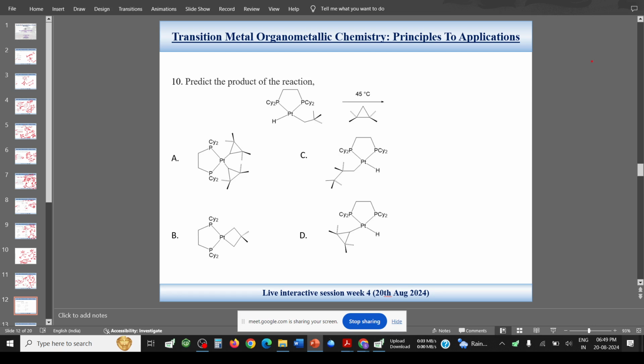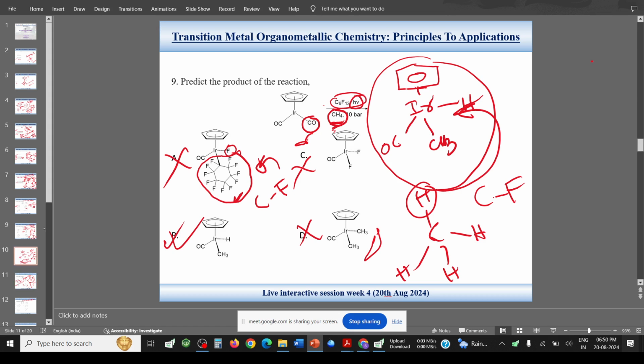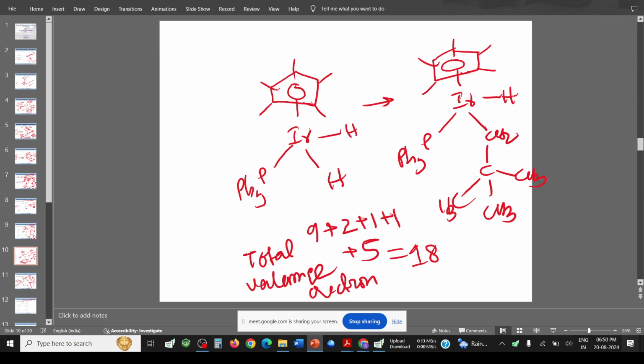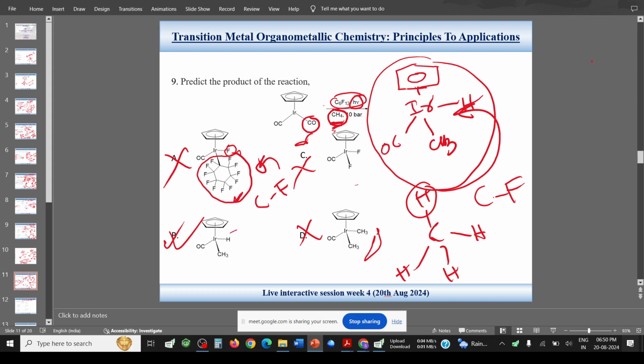This is again another question of CH activation, but you need to find out which CH will activate and which will not. During CH activation, you have already seen that it will form a metal hydride complex. In all the CH activation reactions, we have seen that we have a metal hydride complex. Here it is, and in the next question we also have a hydride complex.